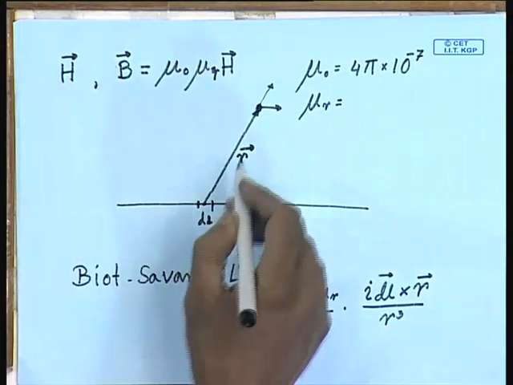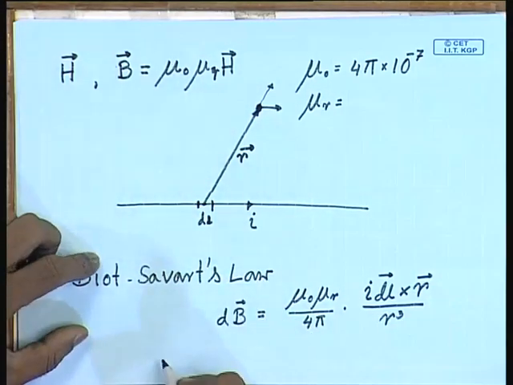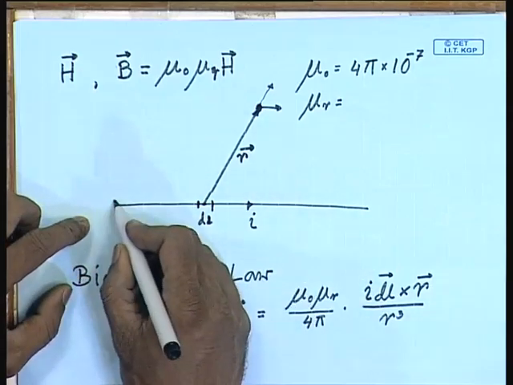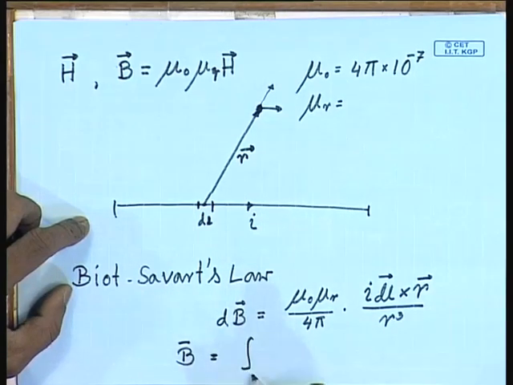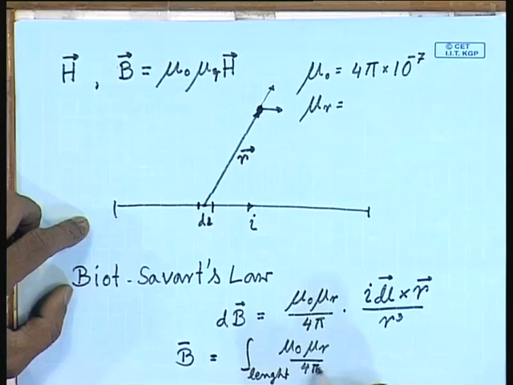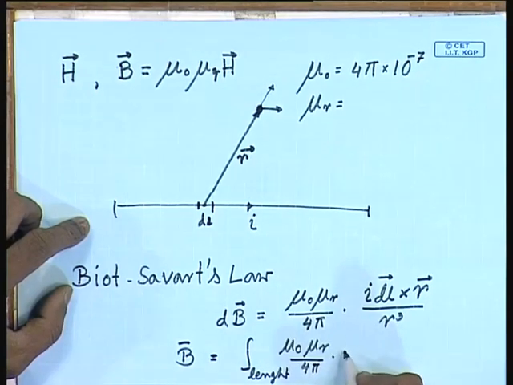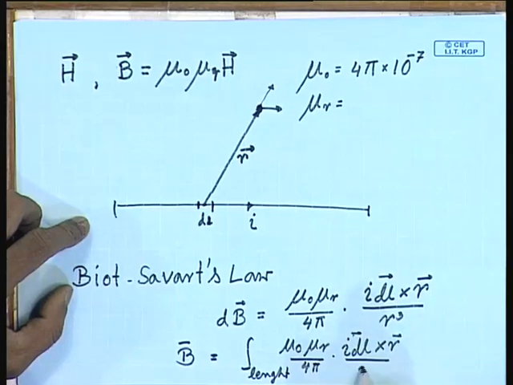The total flux density B at that point due to the length of the wire can be obtained by integral over length of mu naught mu r by 4 pi I dl cross r by r cube.